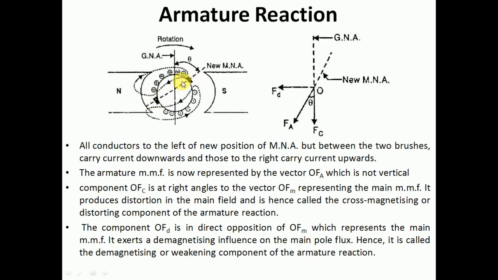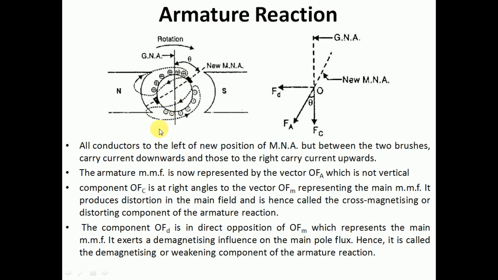This caused a redistribution of current. Now if you see in these two conductors, current is carrying into them, and in these two conductors current is moving out of them. So it's clear that the current has been redistributed in these conductors.